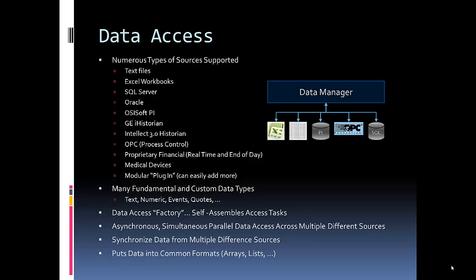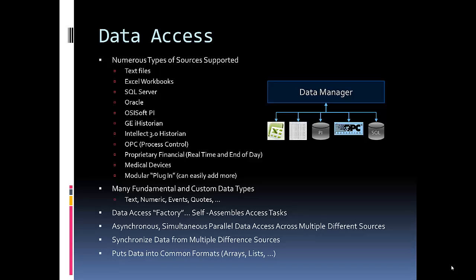We access the data through something called the data manager, which is just that generic blue block in the diagram. And that is actually a data access factory. In other words, it will assemble various tasks to access data in those different repositories.